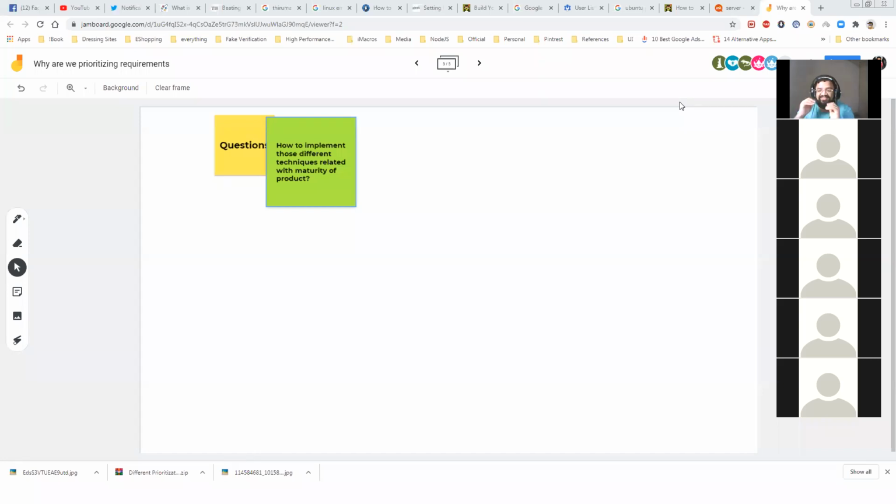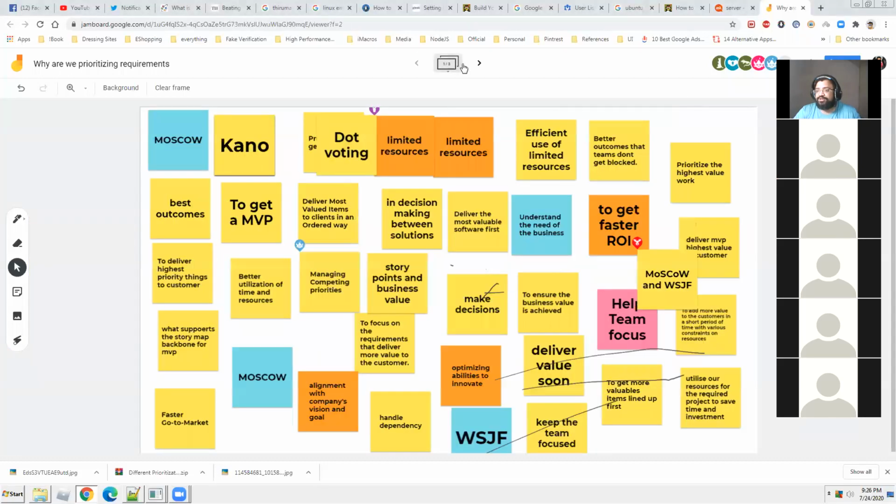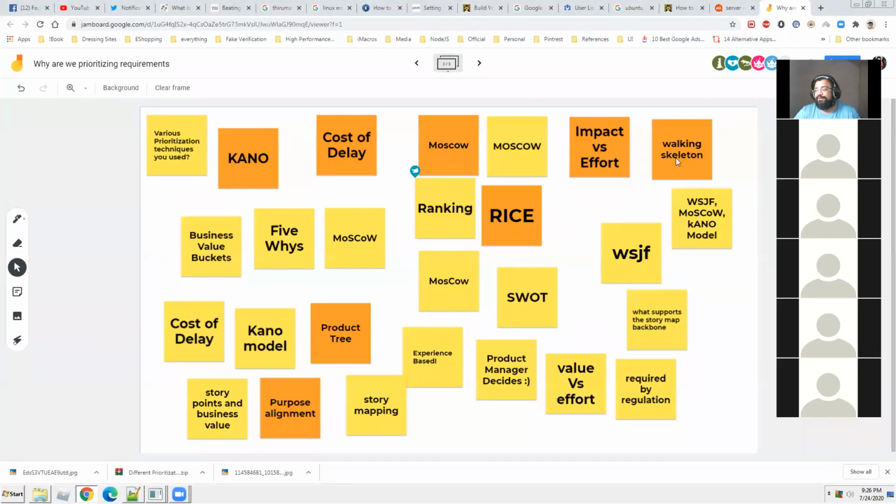To my knowledge, let me put it in a disclaimer way, of whichever I have interacted with, most of them use either WSJF or MoSCoW. But there are people who are using other models. If I go to the Jamboard, I can show the different models that we have used. These are the different models, and a lot of times Kano is used, and Kano is the best place to understand what this product needs, because it involves a lot of things.